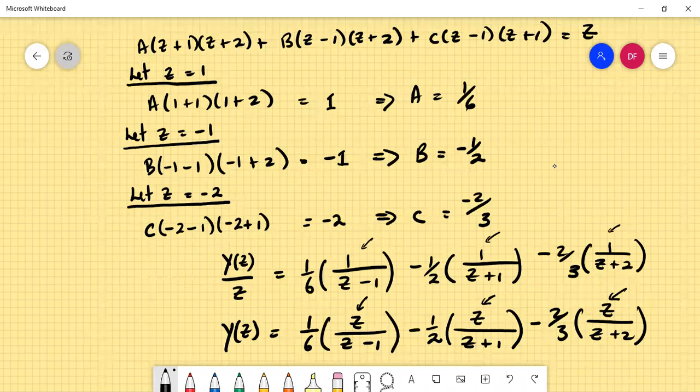So if we look, let me get a table, one that I can see. Oh, you know, let me just bring up the Z transform table.